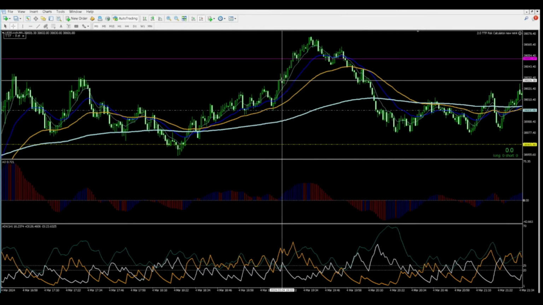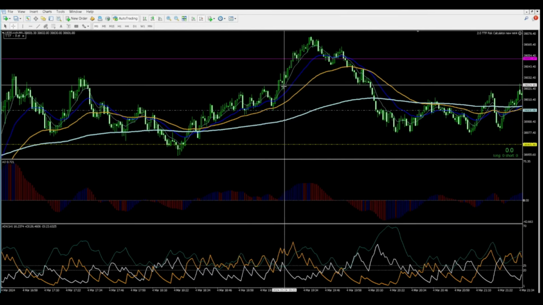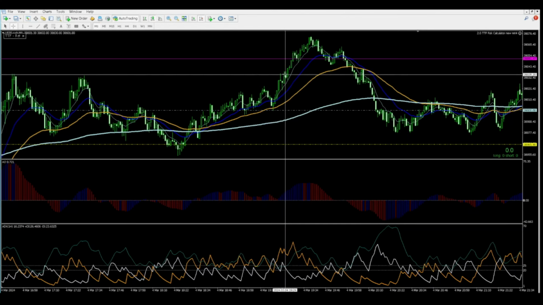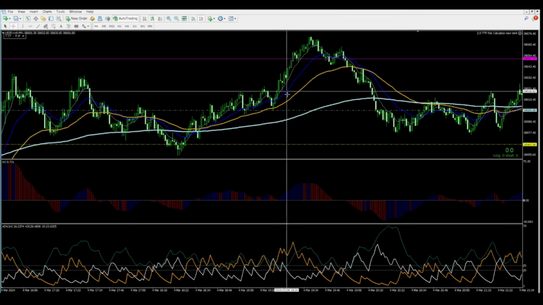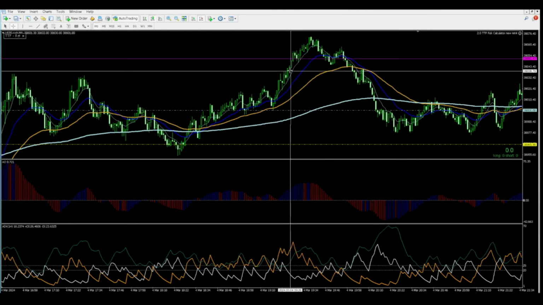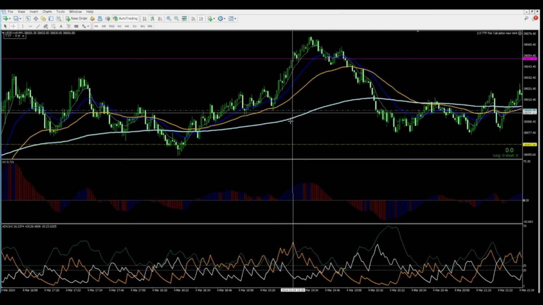I see this is a trending market, so at 1922, 1923 we see a bounce over here, and just to be on the safe side I can take a second entry. The first position is still running, but we are going to move the stop loss to break even plus a few pips in positive, and then I'll take the second position over here, with my stop loss over here.